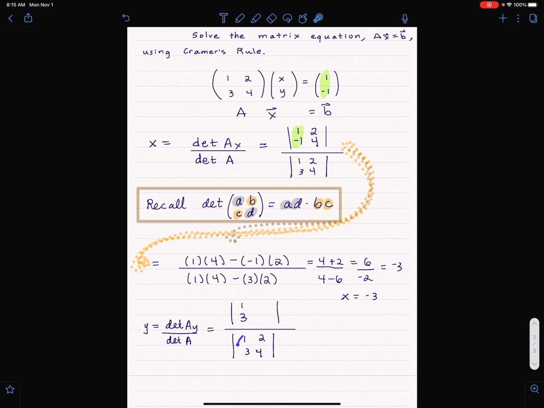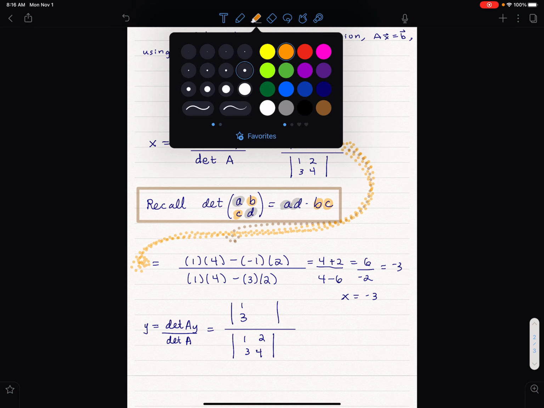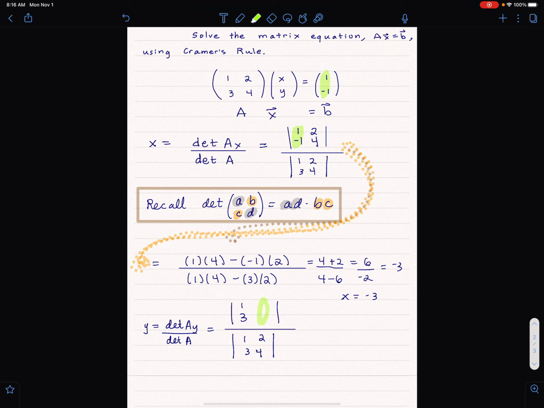I copy the first column exactly the same, but for the second column we use B, which I'll highlight in that same green, so 1, negative 1. Then I use the definition of determinant: multiply across the main diagonal, subtract the other, and I have 1 times negative 1 minus 3 times 1 in the numerator, and in the denominator 1 times 4 minus 2 times 3.